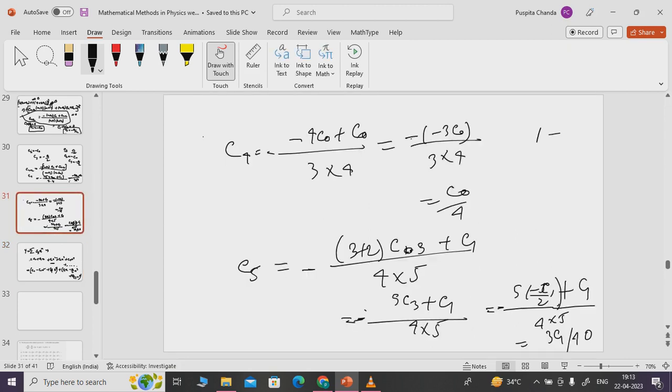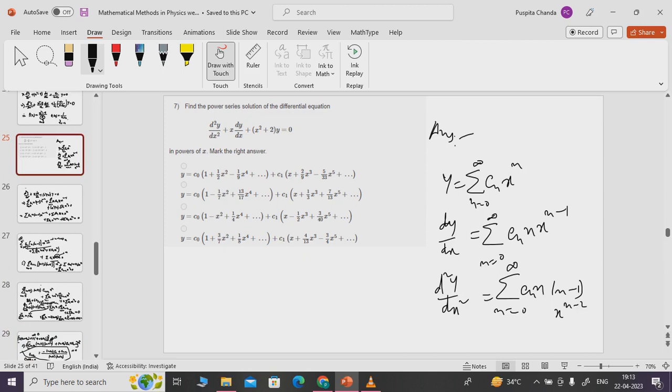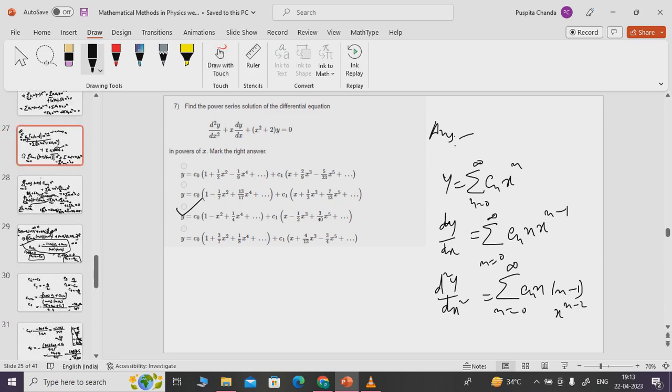Let us calculate what it will be. So the answer is C1. This is the answer.